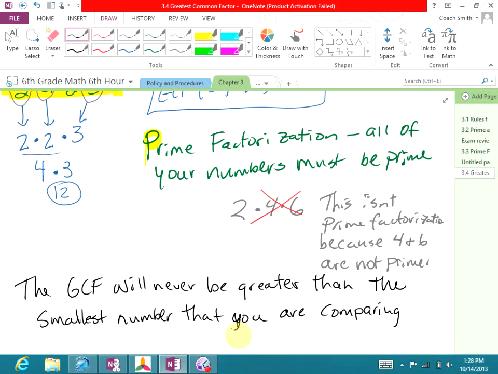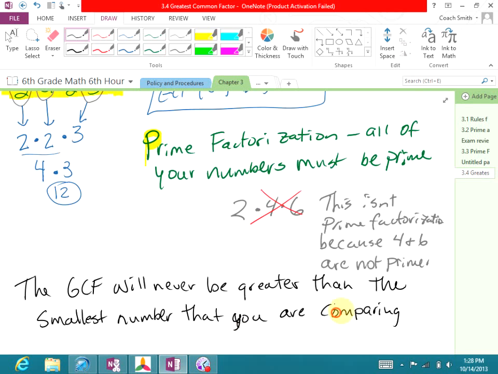Can you divide 10 into 8 evenly? No. Can you multiply 10 times some other number and get 8? No, not unless it's a decimal or a fraction. Okay? So it can't be a factor if it's larger than that number.